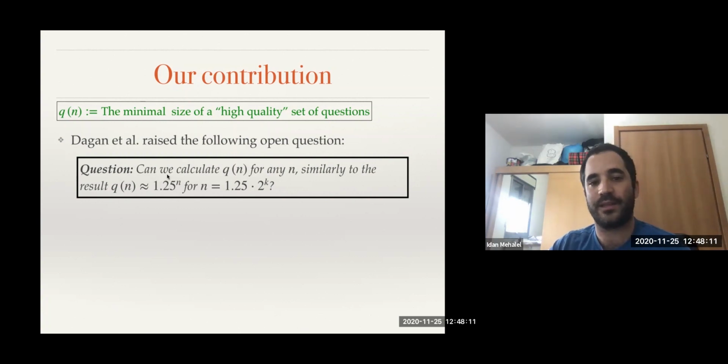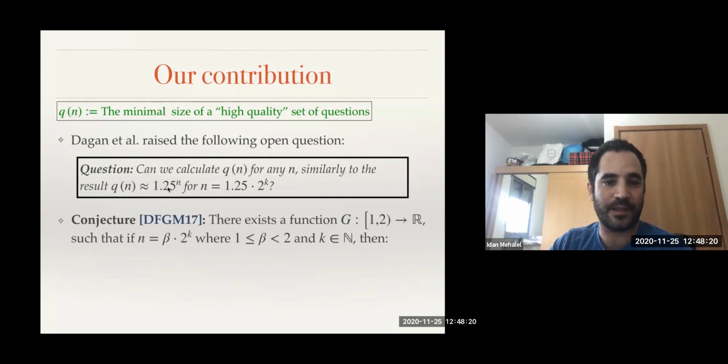So they ask whether we can actually calculate Q of n for any n, not just for n of this form. This is the question they raise, and they also conjecture that there exists a function g from the real segment [1,2] to the reals, such that if n is of the form beta times some power of 2, where beta is some number between 1 and 2, then Q of n is exactly 2 to the g of beta n.